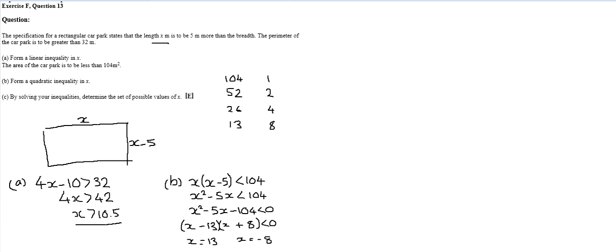Now, with any quadratic inequality, you must make a sketch. So I'm just going to pause the video quickly and make a sketch. Okay, it doesn't need to be a work of art. The scale isn't important. We've just got a minus 8 root and a 13 root. And here we're looking at less than 0.